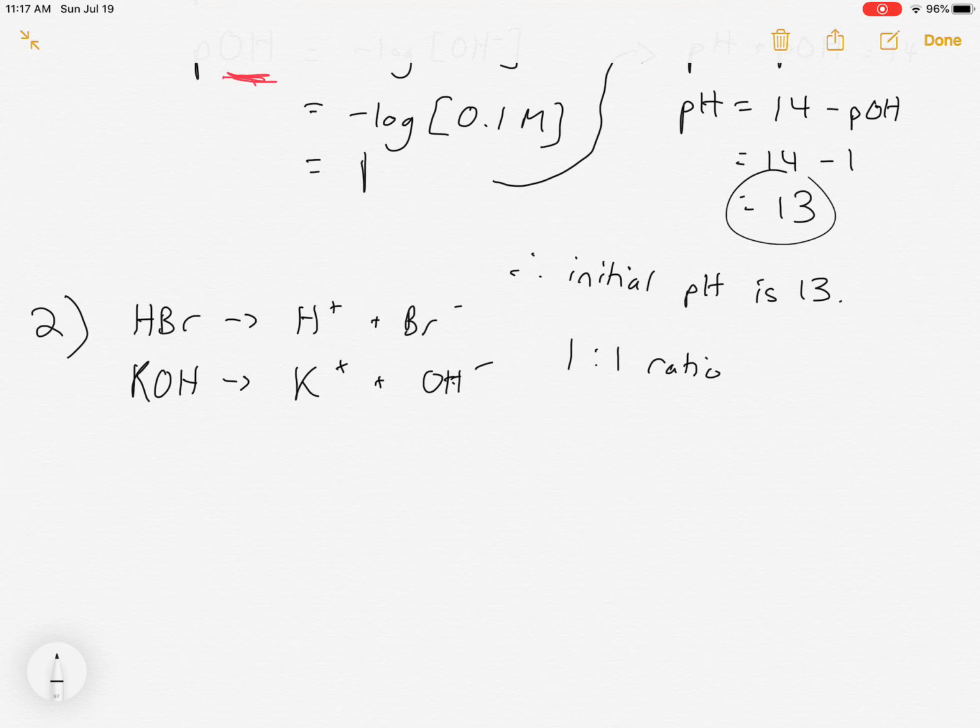Which means that once we calculate the moles of the acid and the base, then since it's a 1-to-1 ratio, we've automatically calculated the moles, or the quantity, of hydrogen ions and hydroxide ions.